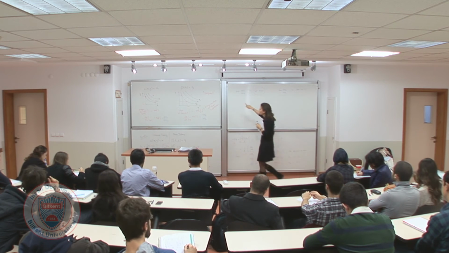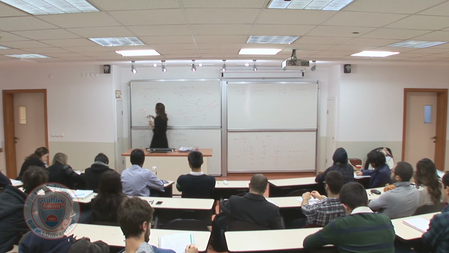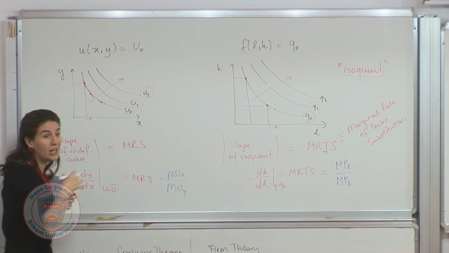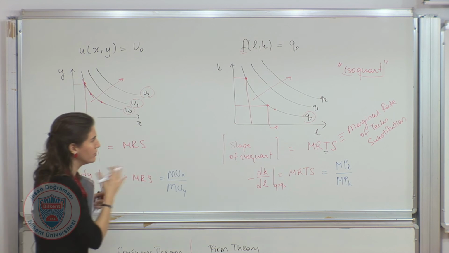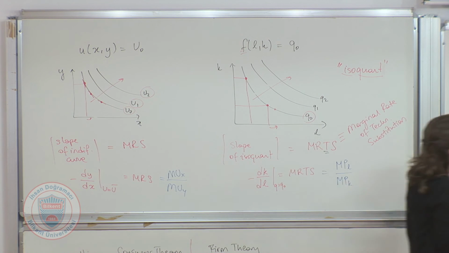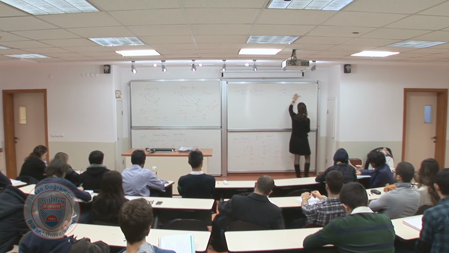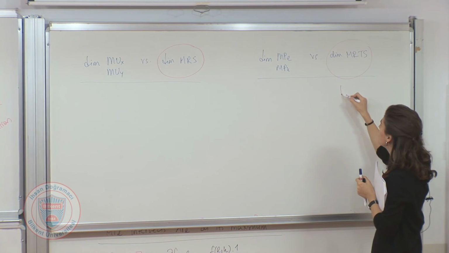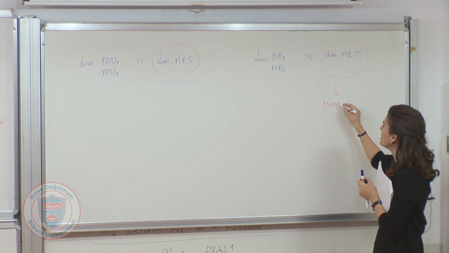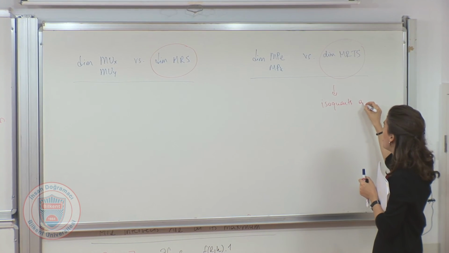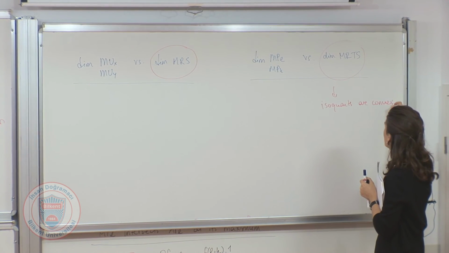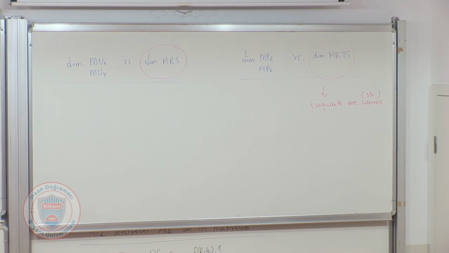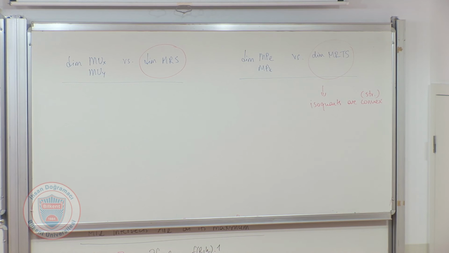You see here you have diminishing MRS, so the absolute value of the slope is decreasing. Likewise, if there is diminishing marginal rate of technical substitution, then we say that isoquants are convex. Actually, strictly convex, depending on how you define convexity, okay? But strictly convex.